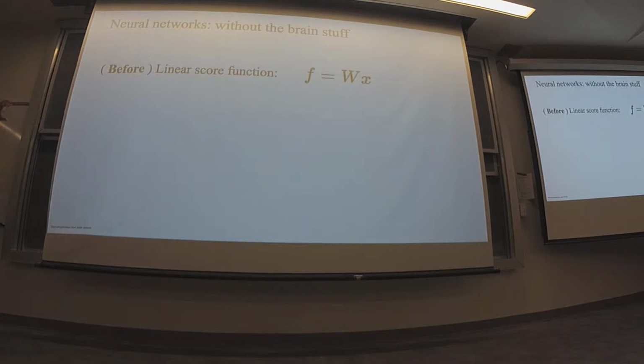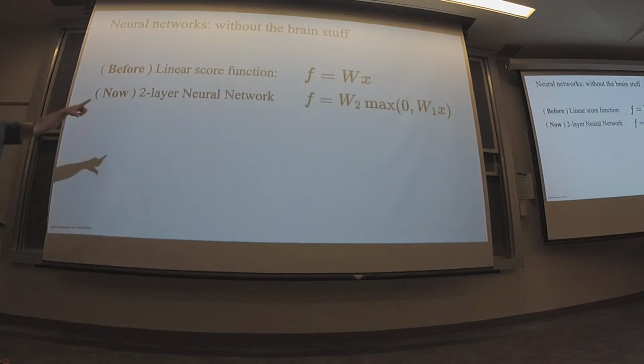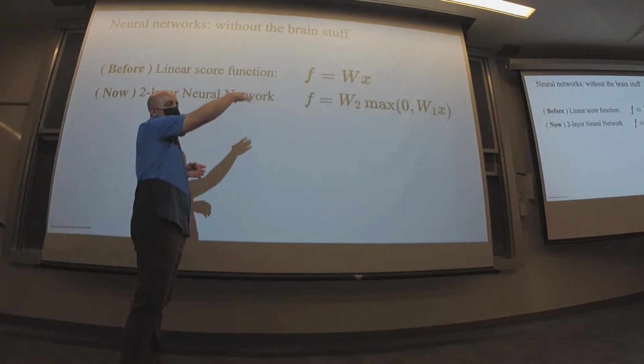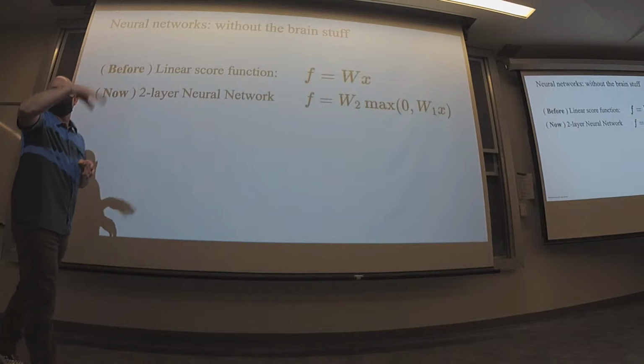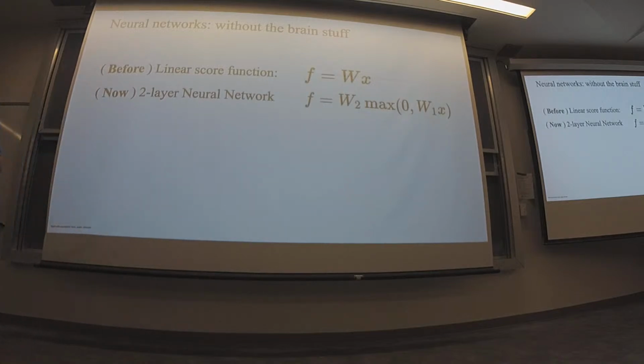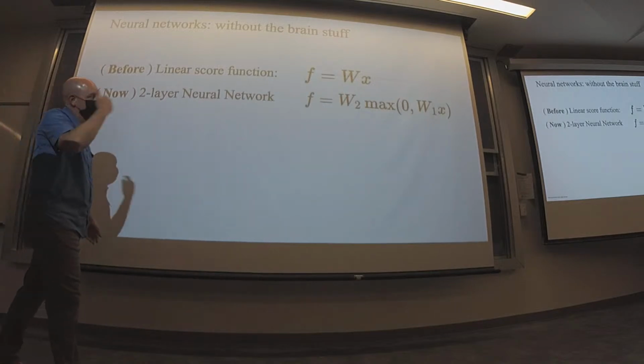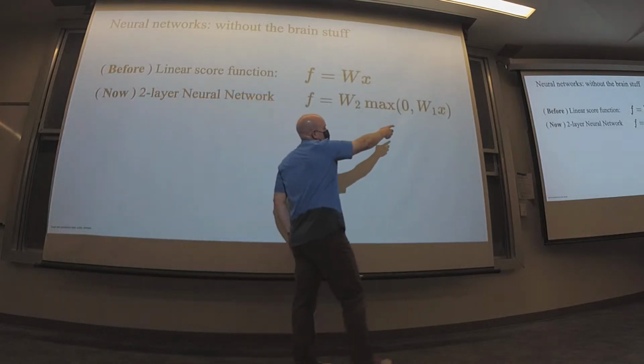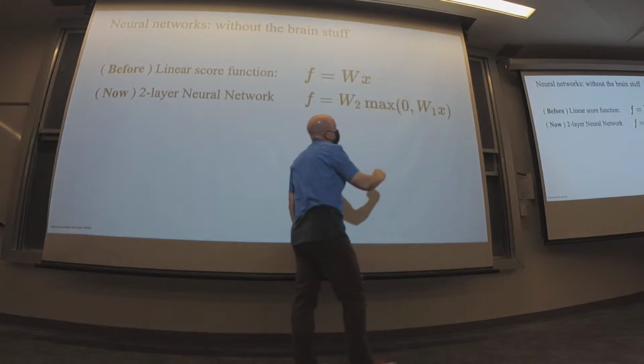Remember what we were doing before? We just had this linear layer. It was a score function. There was only one layer. Now we're going to say, okay, cool, let's take that and compose it with a couple different operations. Remember, there can always be a bias here, but lazily, we're not putting the bias terms on here, and in your homework, you will put the bias terms in there. What we're doing is one linear operation, as represented by the parameters in W1.